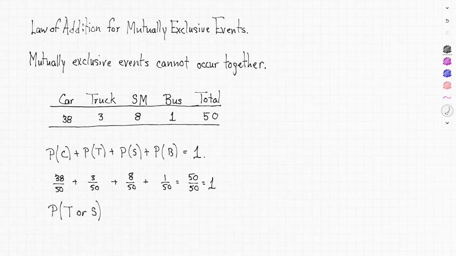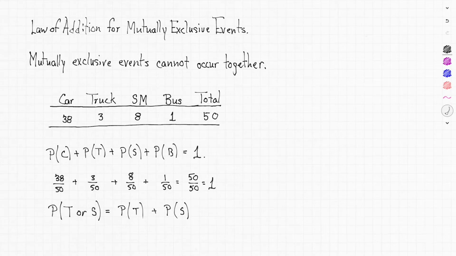If I want an OR statement, it means I'm content if I randomly select a person that drives a truck or a person that drives an SUV. What I don't want is a car or bus person. The probability of an OR is the same as finding the probability that the person drives the truck, and then adding to that the probability that they drive an SUV or minivan.